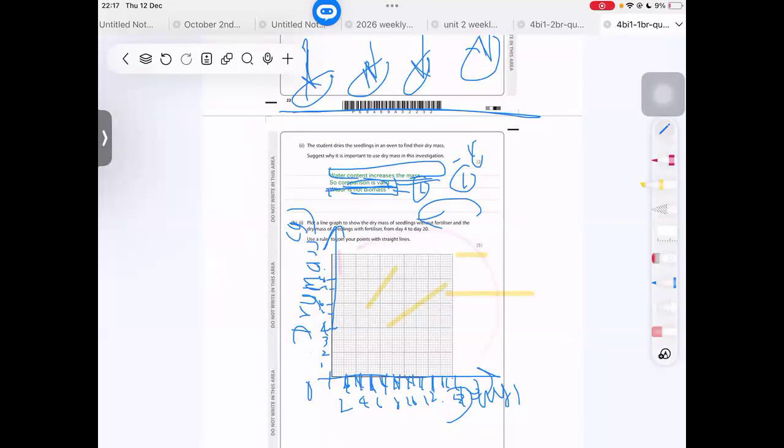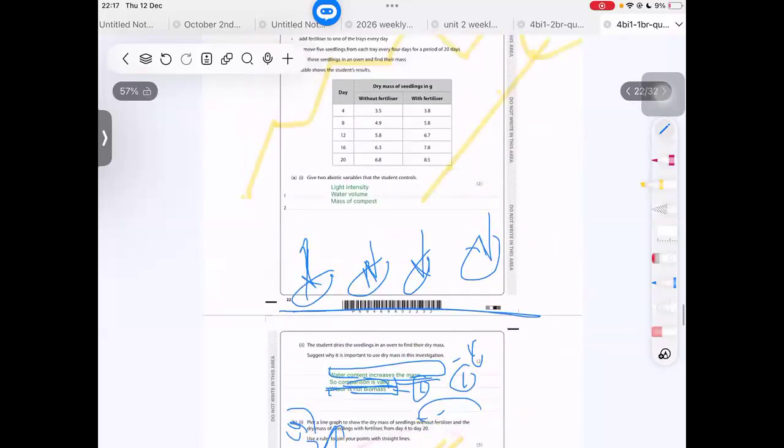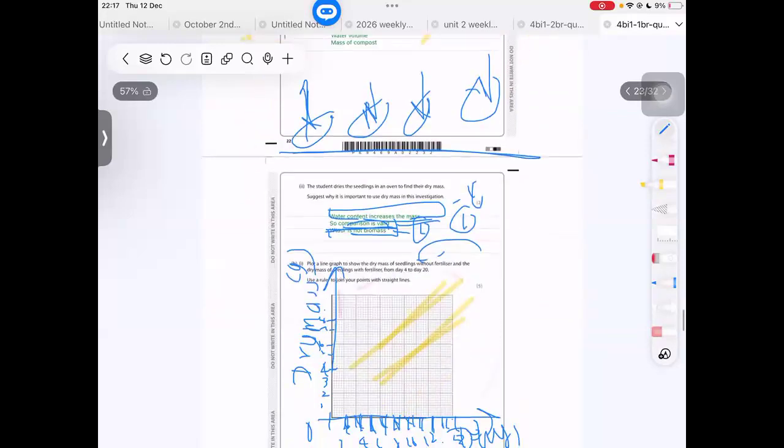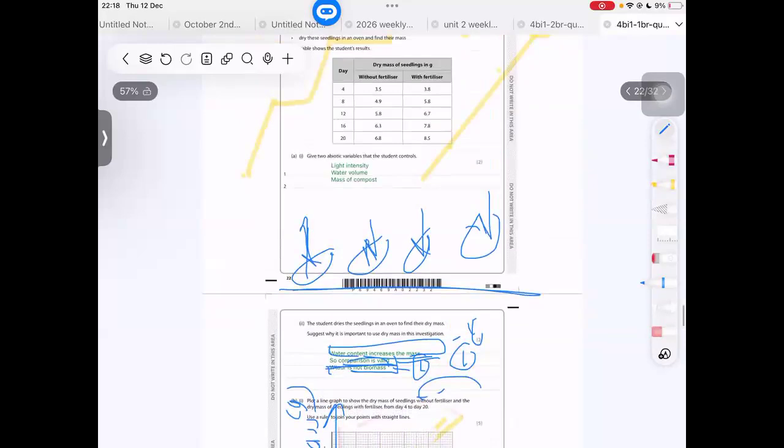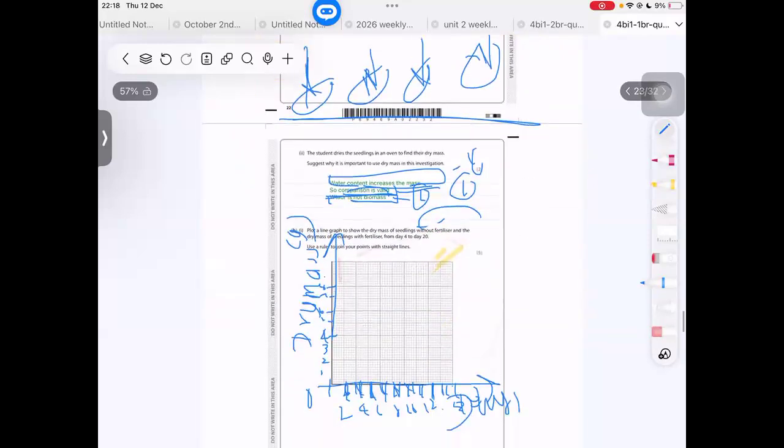In the marking scheme this time they have not given marks for that. But in order to be more accurate, you can label the 2 graphs, because you are drawing 2 graphs, right? So you have to mention which one is without fertilizer and which one is with fertilizer.